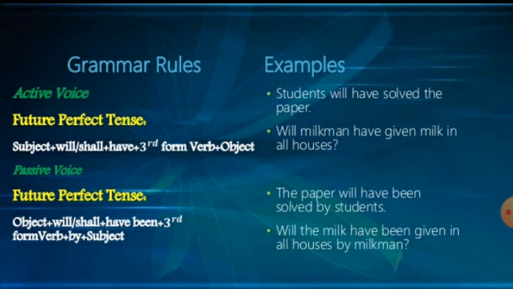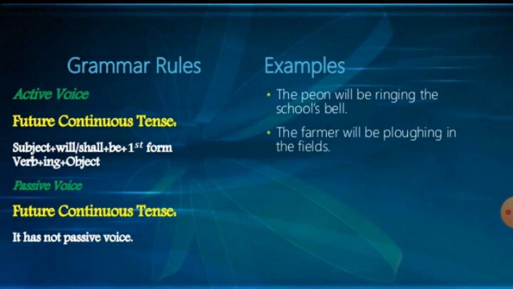The paper will have been solved by students. Take the second example. Will milkman have given milk in all the houses? Milkman is the subject. Milk is the object. Therefore, it becomes will the milk have been given in all houses by milkman?